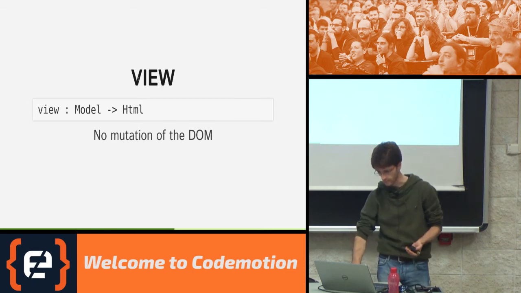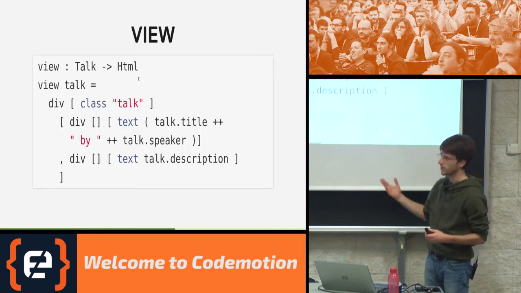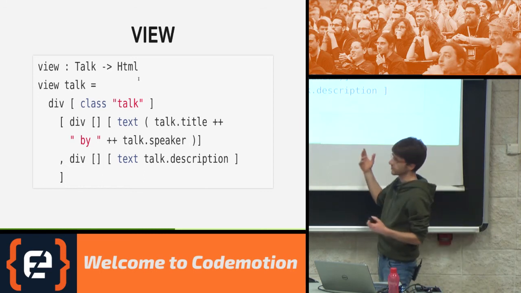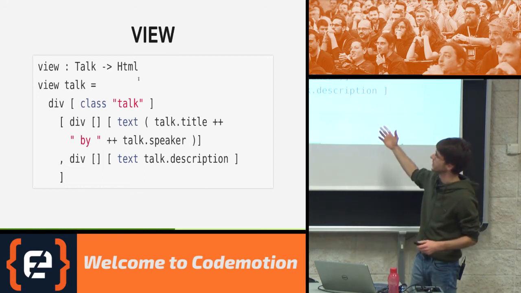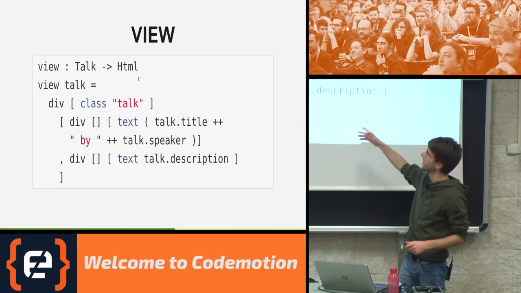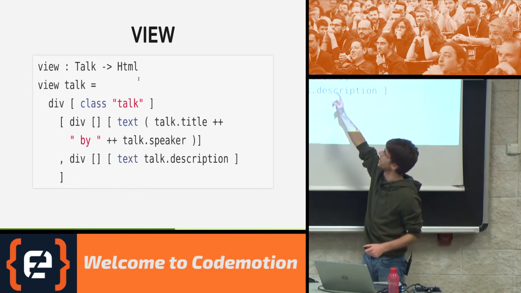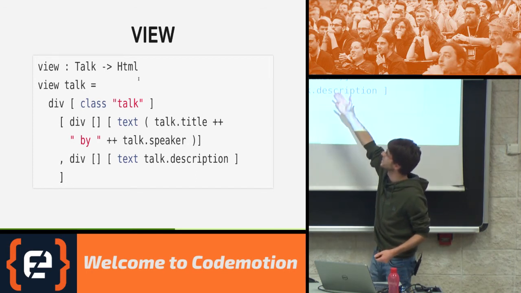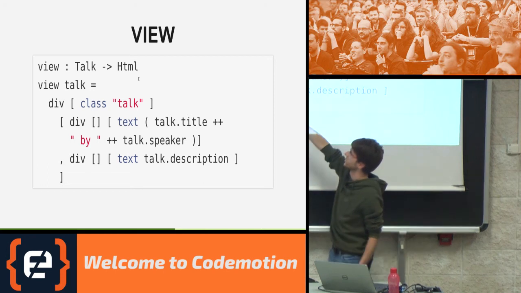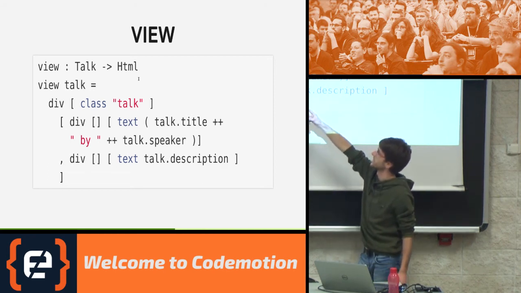So let's look at how we render our talk on the screen. How can we do that? This is the actual simplified implementation. It's a function, we have our model, and it returns some HTML. We just declare what HTML we want. It's a div with a class talk containing two divs.